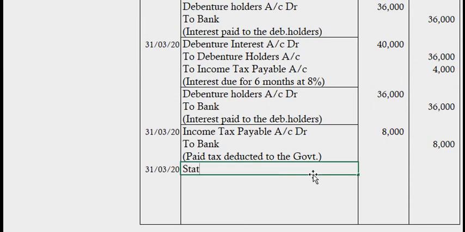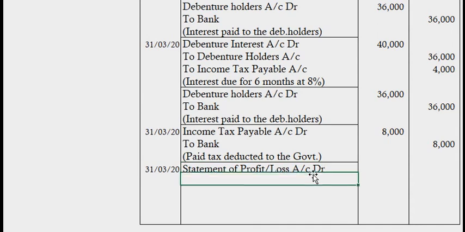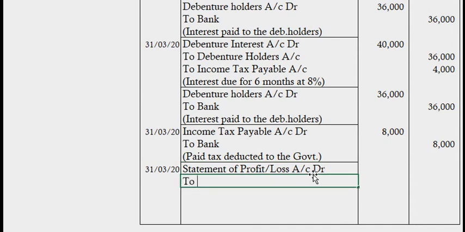So statement of profit or loss account, debtor to debenture interest account.